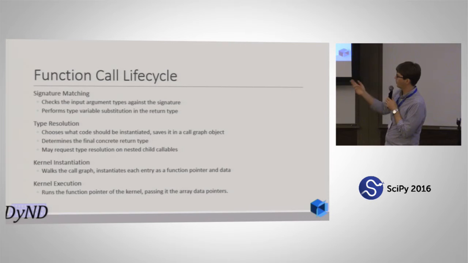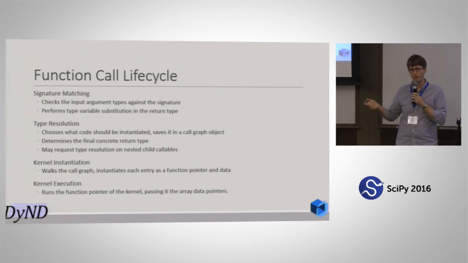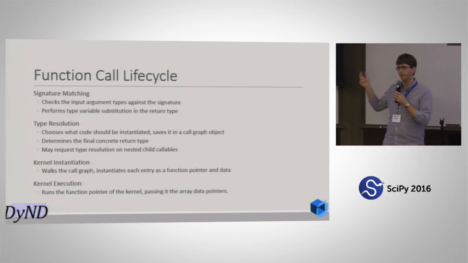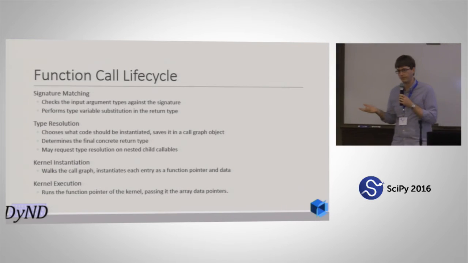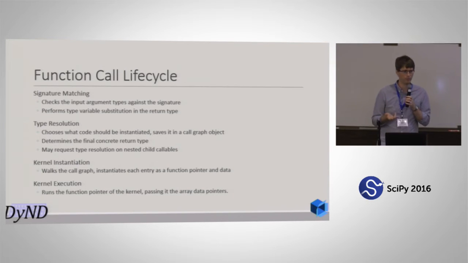So kernel instantiation just takes that call graph that was created and then writes it out into the contiguous memory that's function pointers and data. And then it's basically just a C function pointer with a very simple prototype that you just call with the raw pointers.